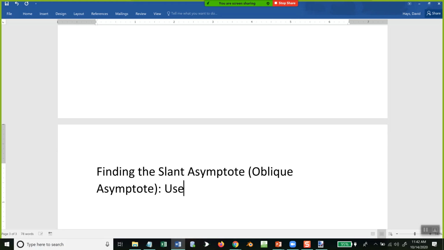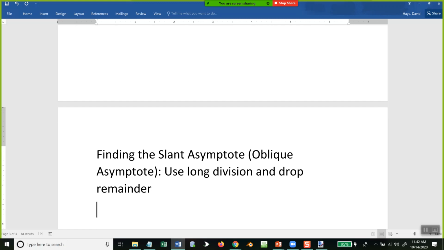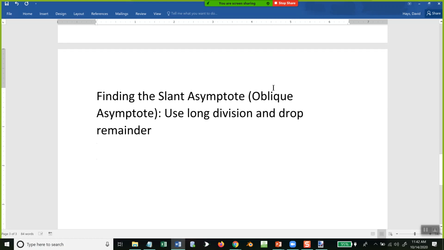And how you do that is use long division. One and only place in college algebra where you have to use long division, and drop the remainder. On some problems, you might be able to use synthetic division, but there's other problems where you have to use long division.